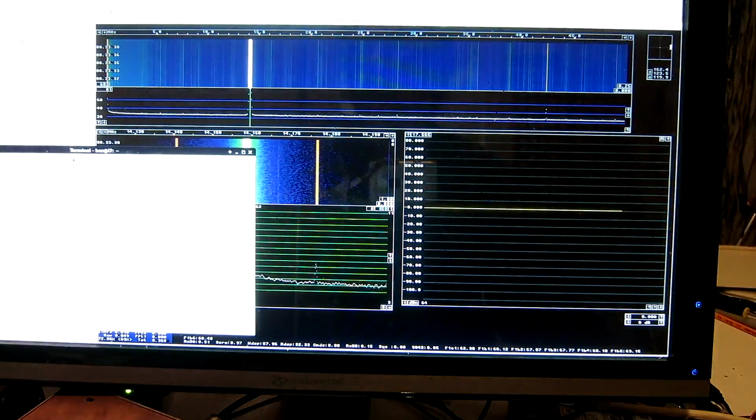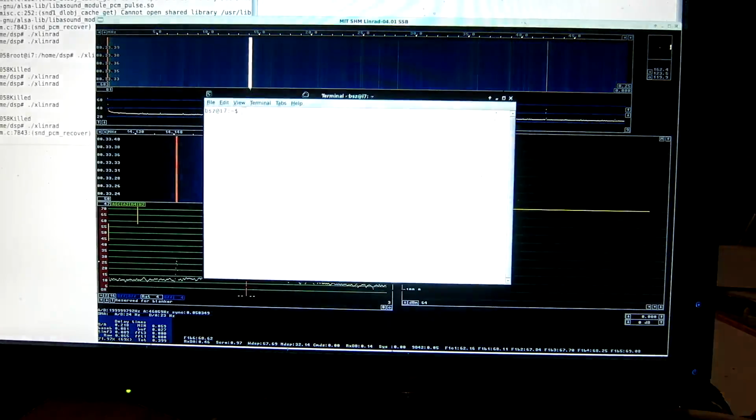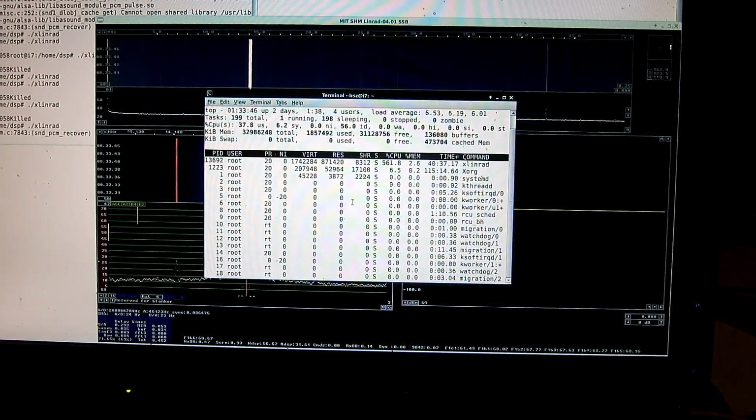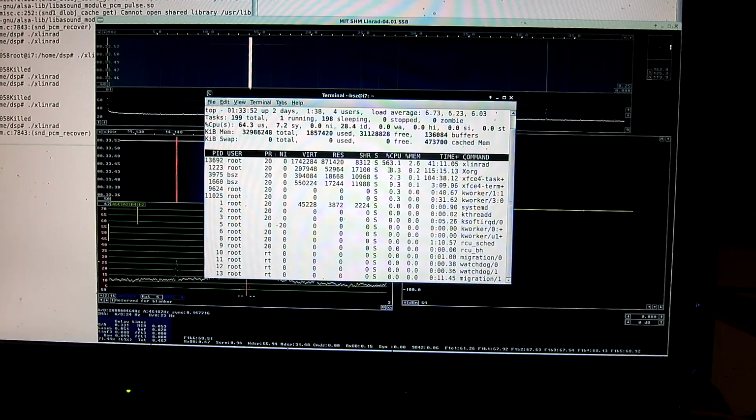Let's have a look at the CPU load. That's top. 563%. But there are 8 cores, so the maximum is 800%, presumably.